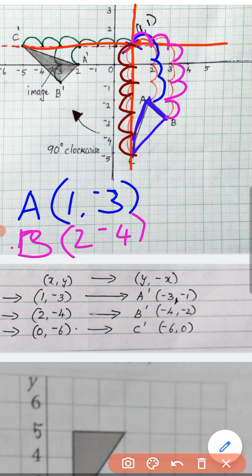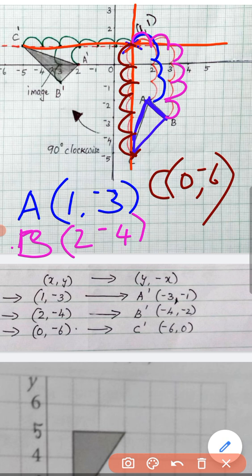This point is on the imaginary y-axis. Any point on the y-axis has x coordinate 0. So the new coordinate of C is (0, -6).